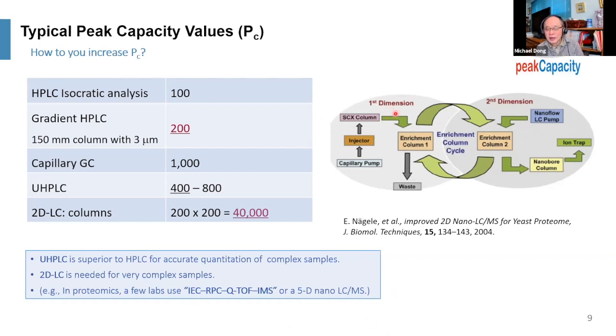So here is the scheme in one paper. It's an older paper, actually developed by folks from Agilent, and it's probably quite obsolete in proteomics, right? But it shows you the complexity of multi-dimensional HPLC with mass spec.